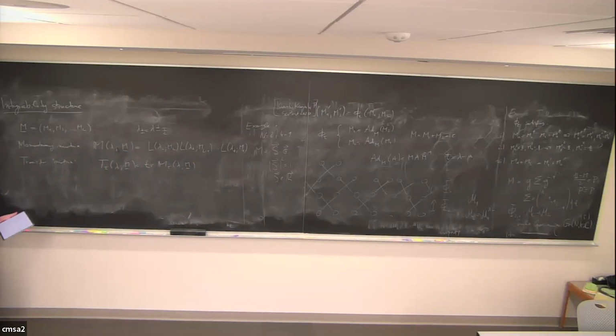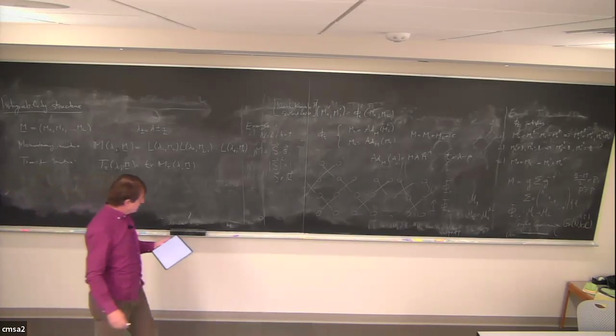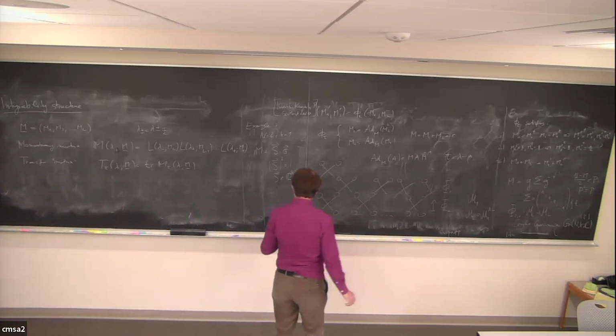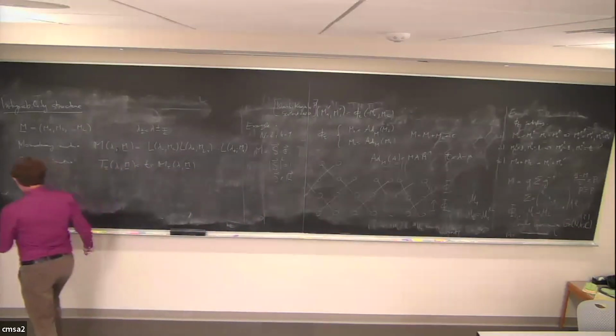Okay, so now I'm almost done. I think I will just write this down and then close, and I'll just hint at how to show that. So now, this discrete zero curvature condition can immediately be applied to show the following.